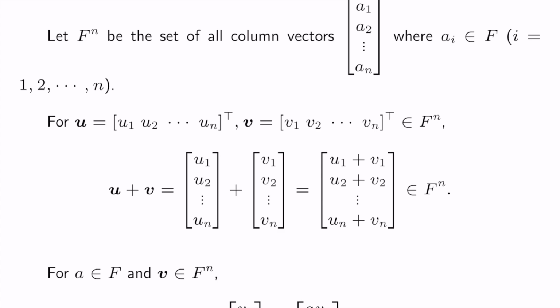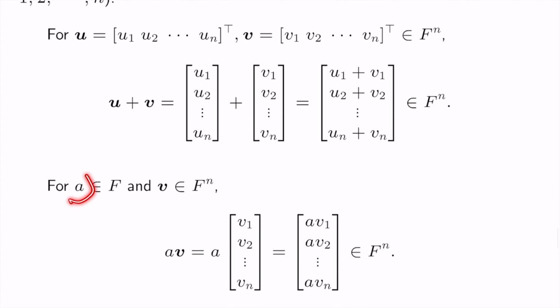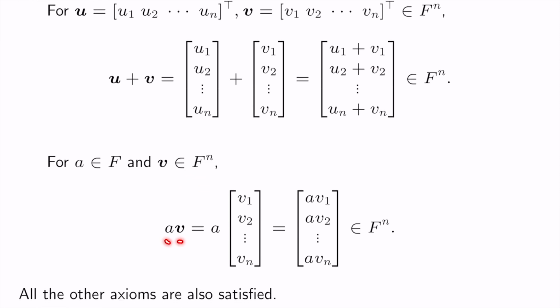So for example, if we have these two column vectors, where we know this transpose sign, and we add them, this addition is defined by this, which is again an element of this vector space. And for any element a in the field F, and any column vector v in F to the power of n, if we multiply a times v, then this is equal to this.